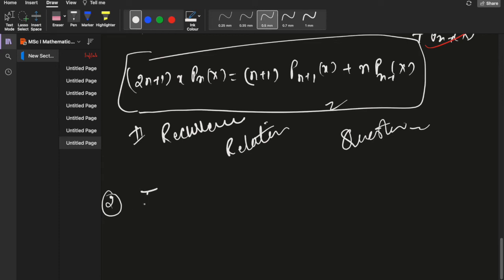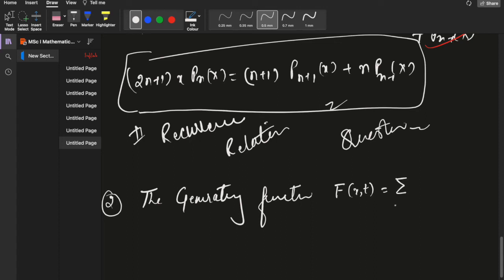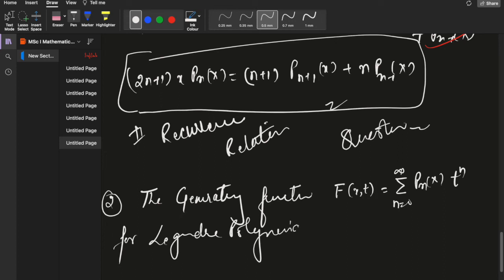The question says the generating function f(x, t) is equal to the summation n tends to 0 to infinity P_n(x) t to the power n for Legendre polynomial P_n(x).